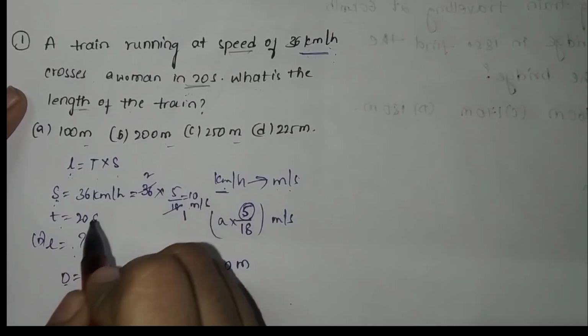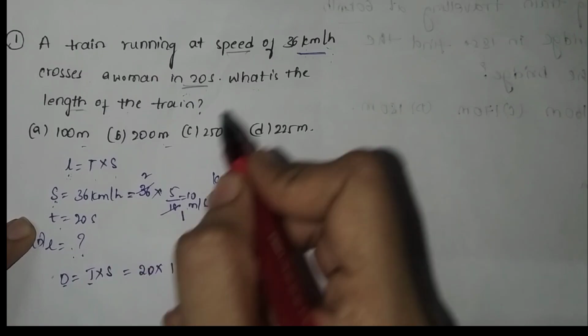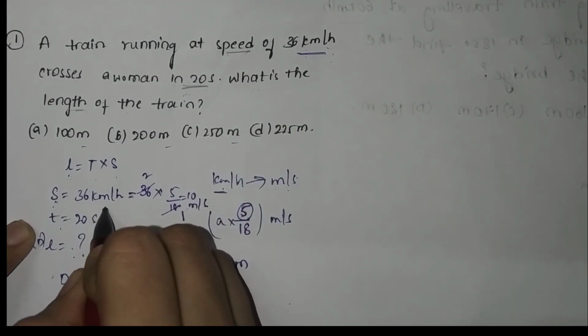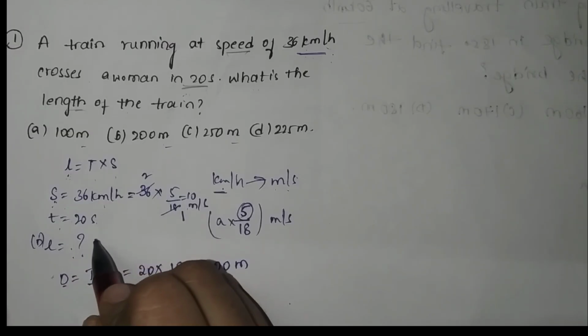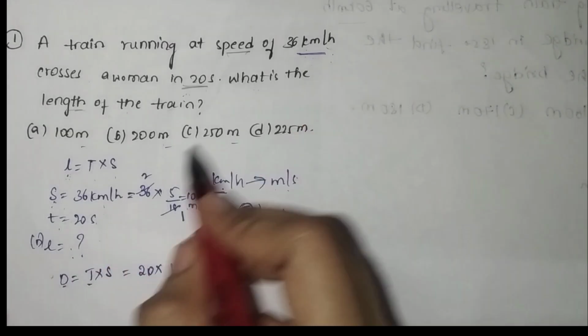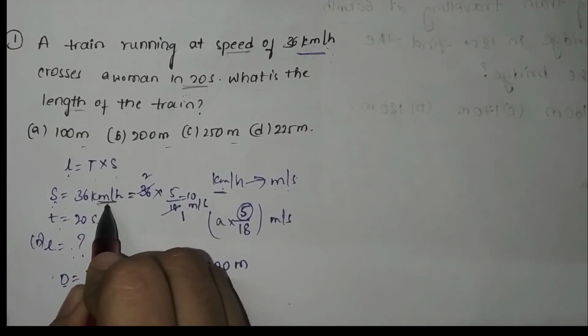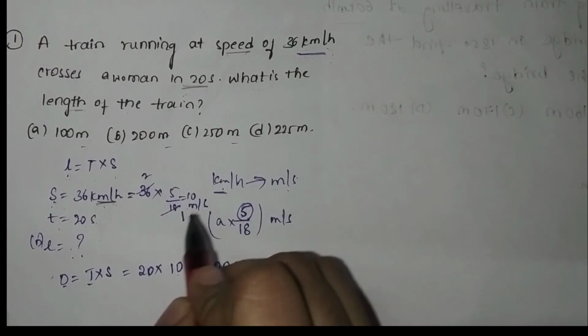What is the distance formula? Speed into time. Now let's write what they gave: speed equals 36 km per hour, time equals 20 seconds. Here we need to change kilometer per hour into meter per second.